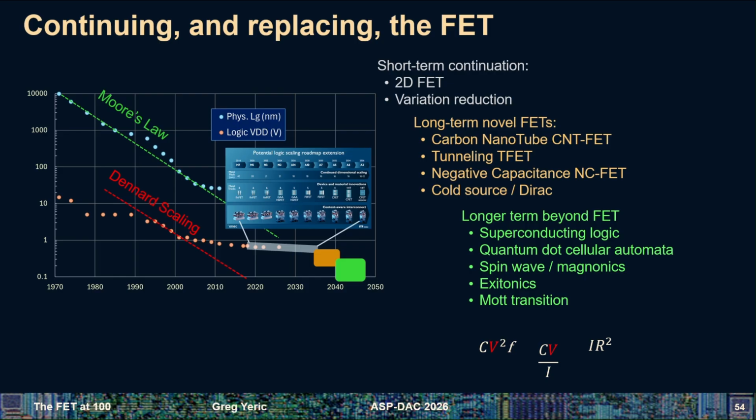Mott transition is a great example for a devices class where, when you open up your semiconductor physics textbook, Sze is one of the big Bibles of semiconductor physics that we all have learned from in the big classes. One of the first pages, you come across this thing.